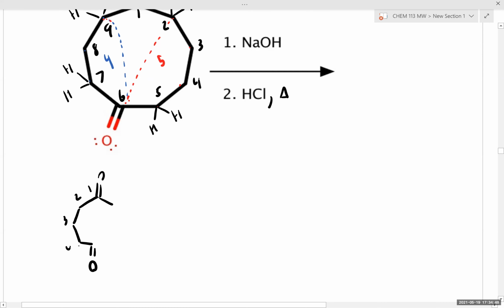One, two, three, four, 5, 6, 7, 8, 9. Okay, I always end up having trouble drawing these no-name ring systems. So we established we're going to deprotonate the following alpha position to make our enolate.